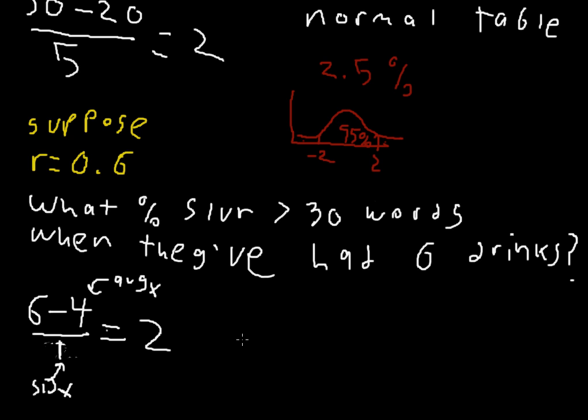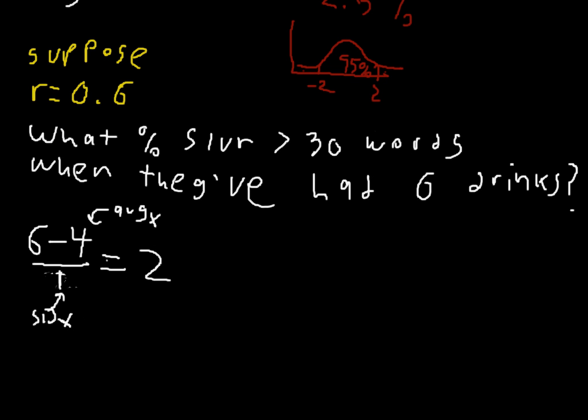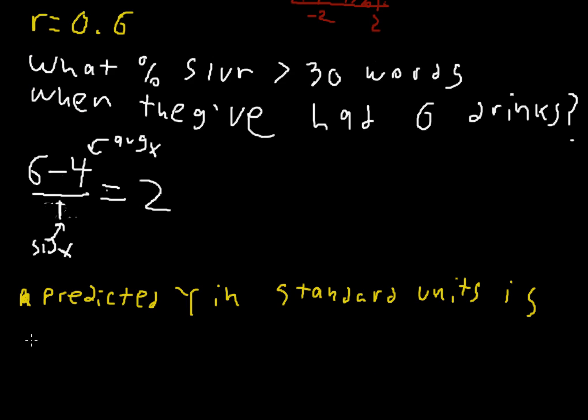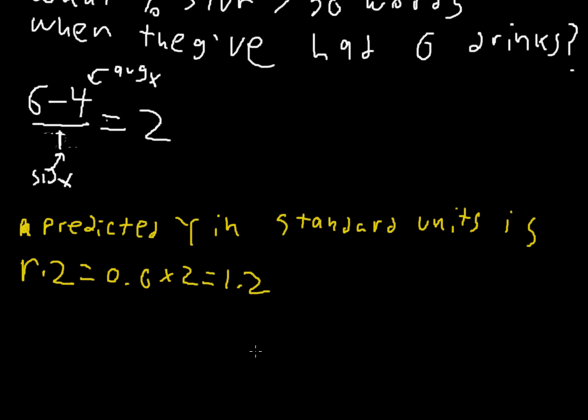So the regression rule tells us that our predicted y in standard units is r times 2, which is 0.6 times 2, and that's 1.2. So now we know that our predicted y in standard units, which is number of words slurred, is 1.2.